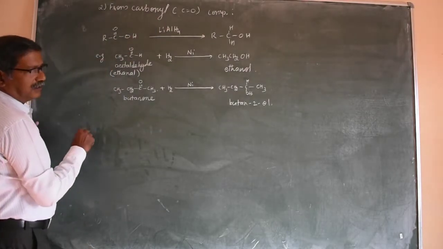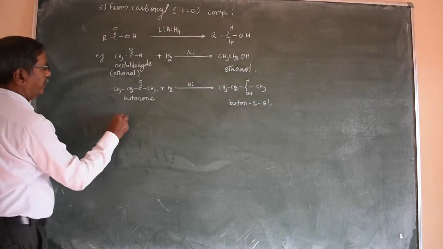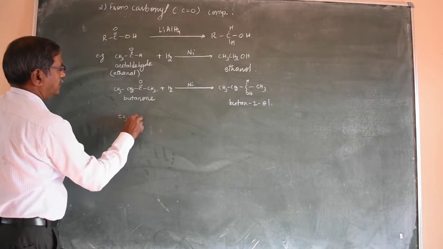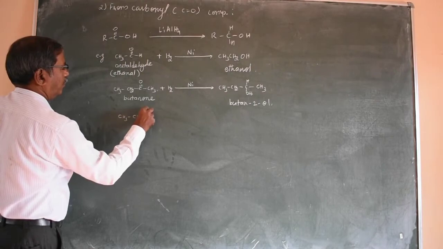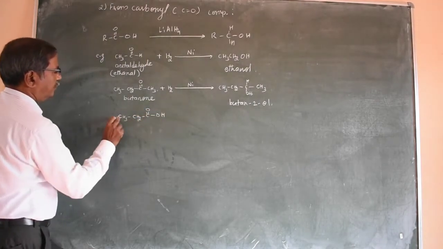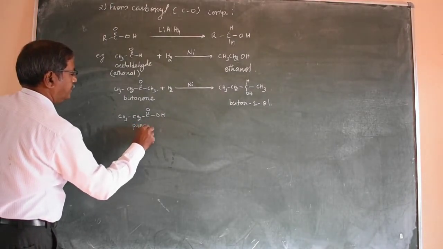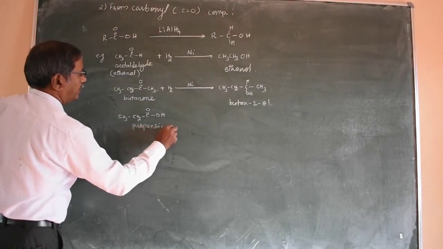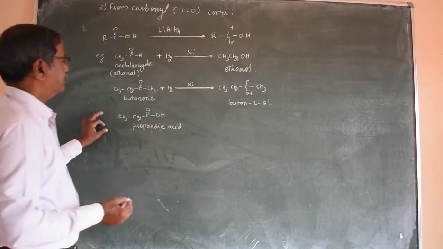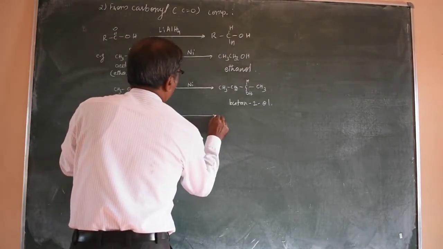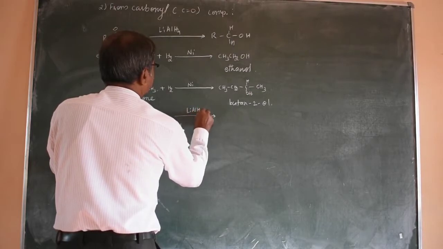An example for the conversion of carboxylic acid into alcohol, I am writing a simple example, CH3CH2C=OOH. As we know, this is called propanoic acid. You can write any other acid also, like acetic acid, etc. Propanoic acid undergoes reduction by a powerful reducing agent like LiAlH4.